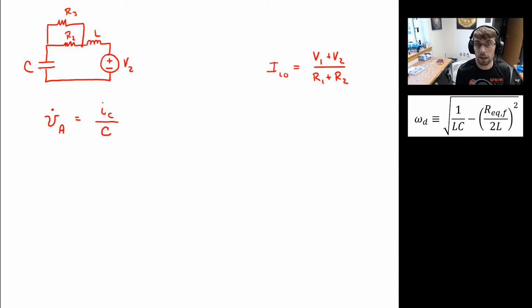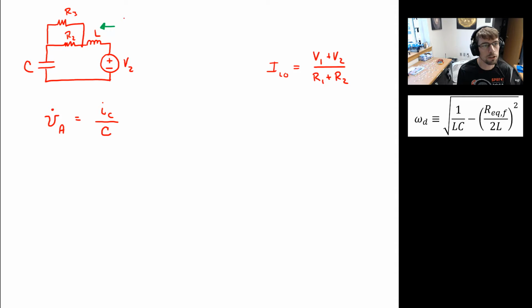Now, here's how we apply our initial condition. Remember that right here, we have a current flowing through L, and if I recall correctly, is it going left to right or right to left? It is going from right to left. Okay.